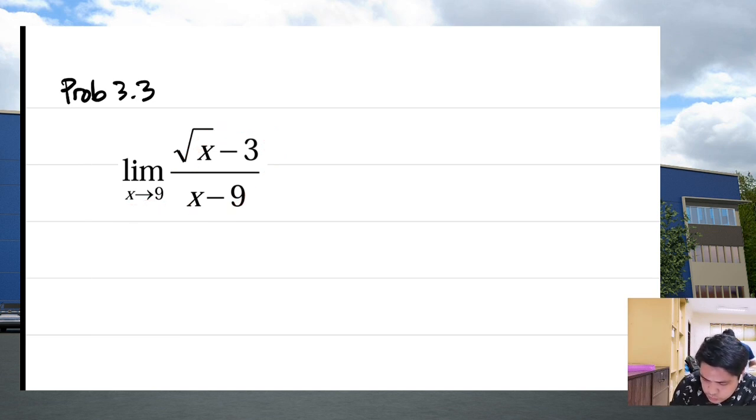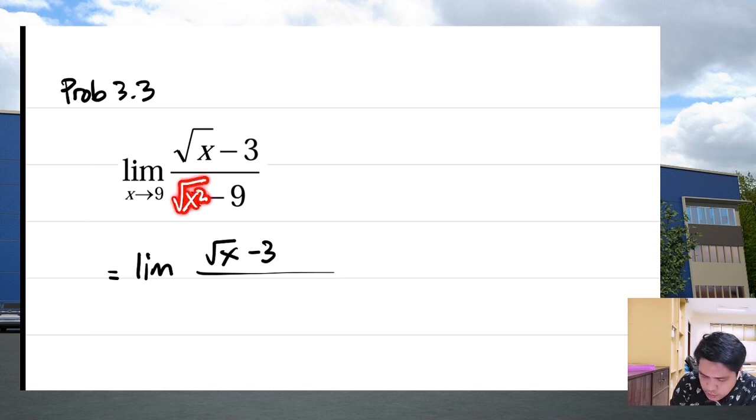So the denominator, we could rewrite this as a product. Let's just copy the numerator, and the denominator could be written as x is just the square root of x squared, right? So we could rewrite this as the square root of x squared minus 9, which is just the square of 3.